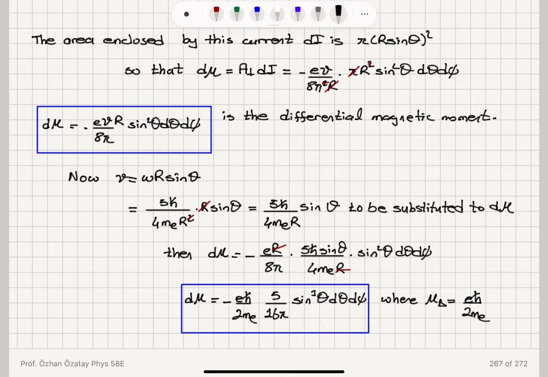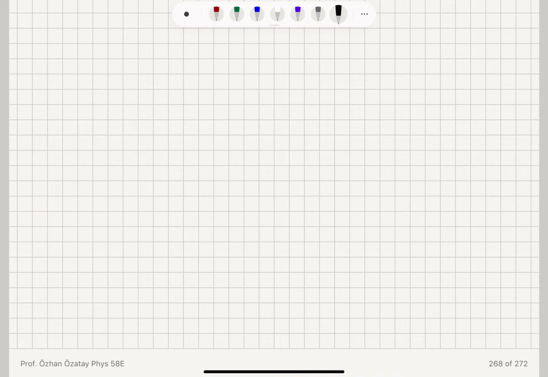Okay, now we're ready to write the total magnetic moment, so we will integrate over all contributions on the sphere. Then the total magnetic moment mu is the integral of d mu over the surface of the sphere.